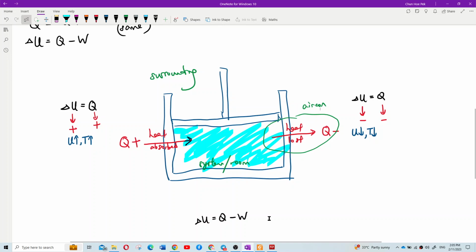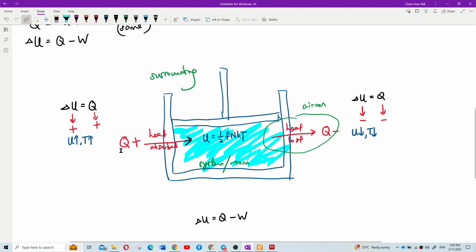Now, what else? Not just the heat. Heat is just one form. Work done also will cause changes in the internal energy of gas. We know inside the room it has internal energy, 1/2 f N kT.